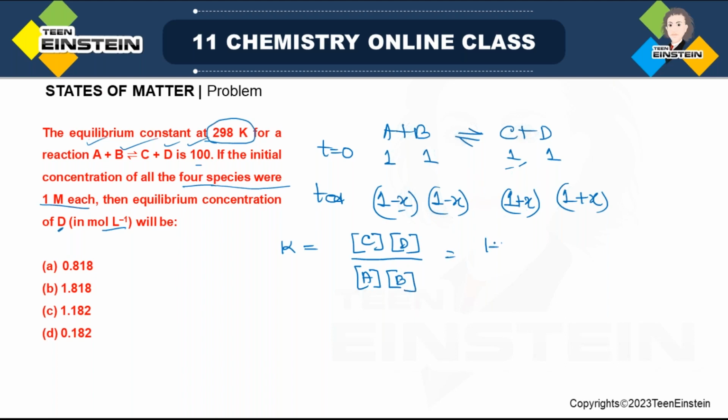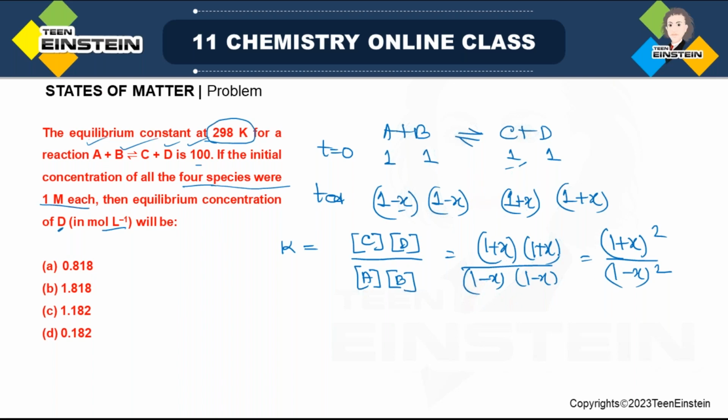So we will write 1 plus x 2 times, 1 minus x 2 times, which is 1 plus x. Right? So now what we'll do, it is only asking the equilibrium concentration of D in this case.